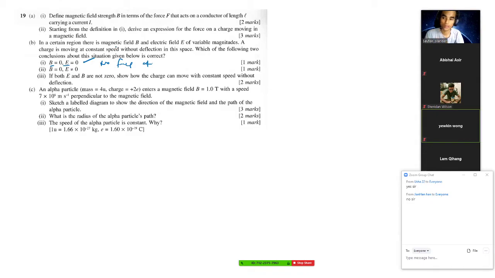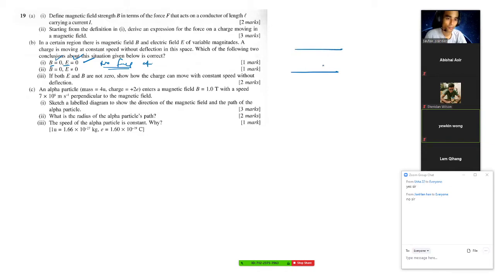So actually, if B is 0 and E is 0, a charge can move at constant speed without deflection. You say there are no forces, right? It means that B is 0 and E is also 0. But let's say E and B are cancelling each other.